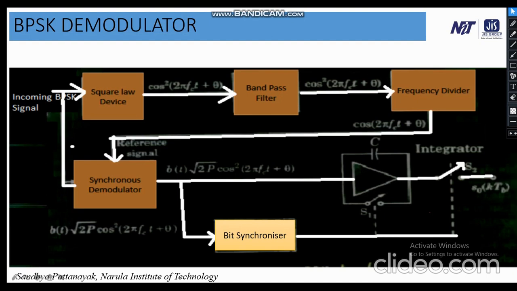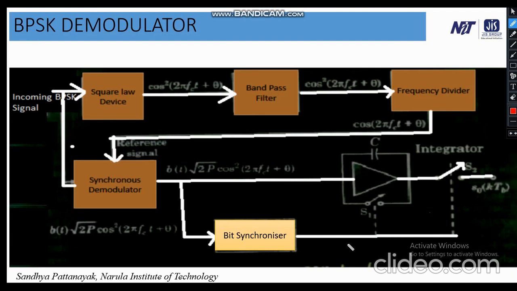Now I will be discussing the demodulator section, that is, how to perform demodulation. We know that demodulation is a process where we try to extract the baseband signal from the modulated waveform. So this is your BPSK demodulator. In the BPSK demodulator section, two things have to be performed.